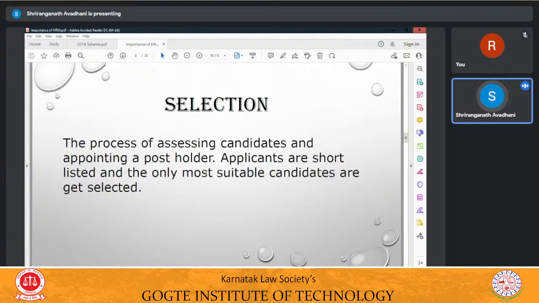Then, depending on the type of industry, the technical interview may be there, the group discussion, the general questions. Then comes the HR interview. This is very, very important at the end. Even if you clear all these, the HR interview is the most important one, wherein they find out how suitable you are for their industry. This is the selection process.